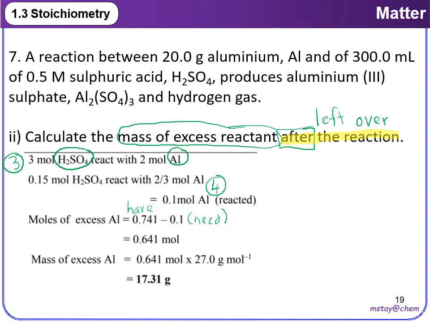So we do the minus operation, then we will know this is the leftover. So after we get the number of mole of leftover, we can determine the mass by multiplying with the molar mass. So the final answer is 17.31 gram.